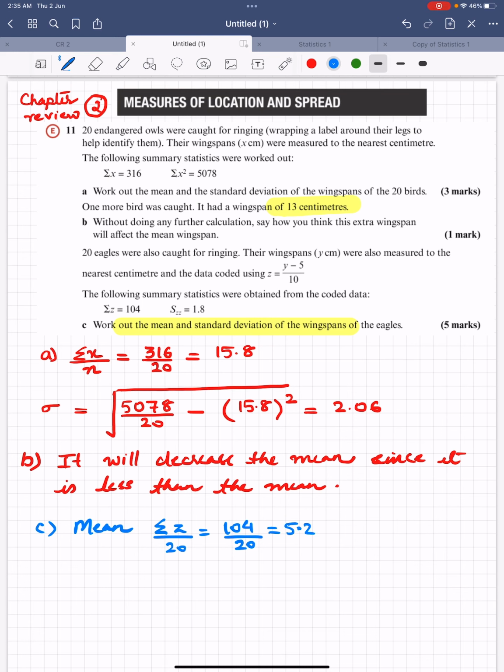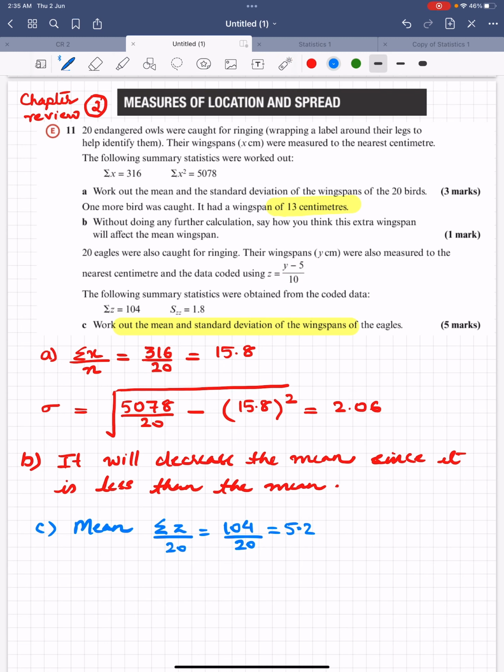Now using this, how can we find the original mean? So we look at the coding. Coding has subtracted the y values and then divided them by 10. So to find the original value, now we will do the inverse of this, which means we will multiply the coded mean first with 10 and then add 5 to the answer.